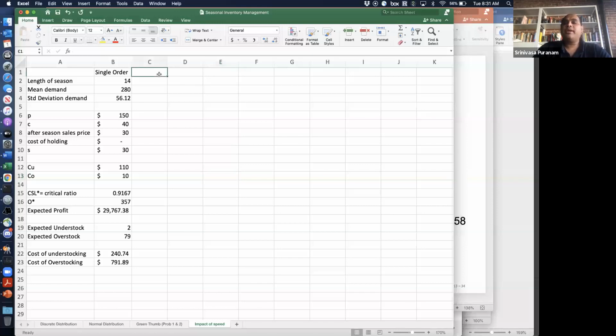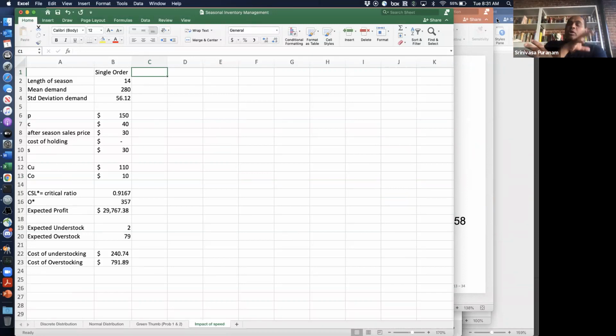Now, let's look at the case of placing two orders. Even within the case where there are two orders, we are considering two sub cases. The first sub case is where, once you observe demand for the first week, you know everything that's going to happen in the first half of the season, but you don't have any better data for the second half of the season.